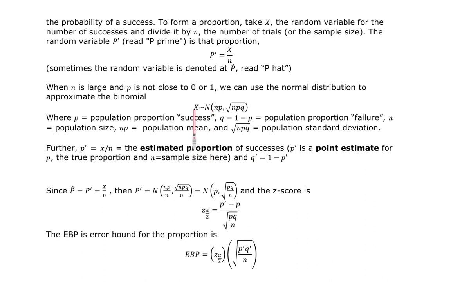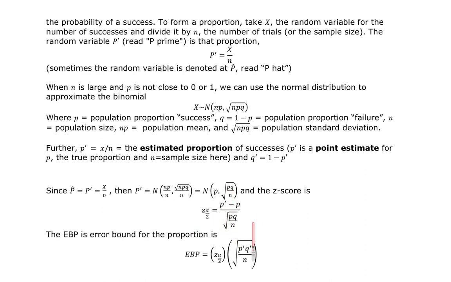Now, we have this random variable x, which is normally distributed with n times p as our mean, and the square root of npq. But since p hat is equal to p prime, which is equal to our random variable x divided by n, then p hat would be normally distributed, and dividing by n becomes just p, comma, the square root of pq divided by n.